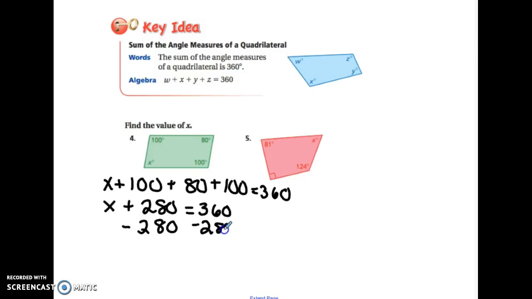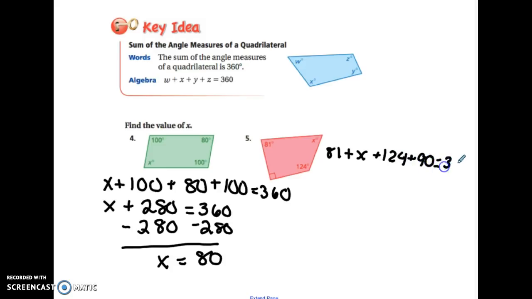Subtract 280 on both sides. We get x equals 80.